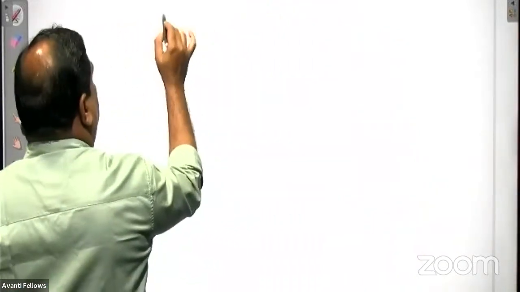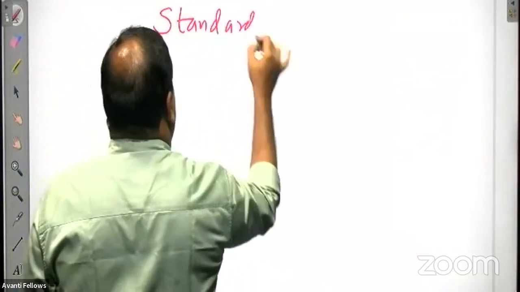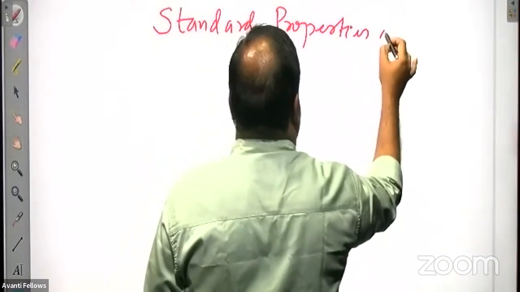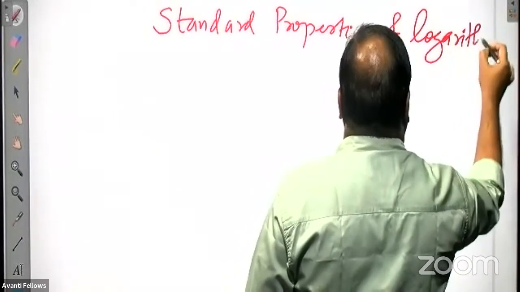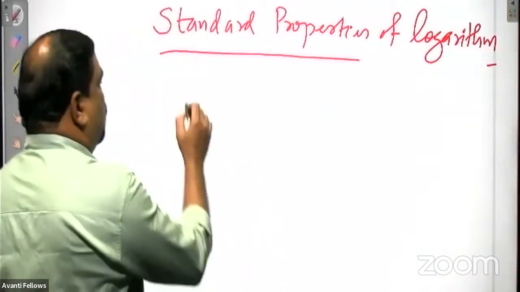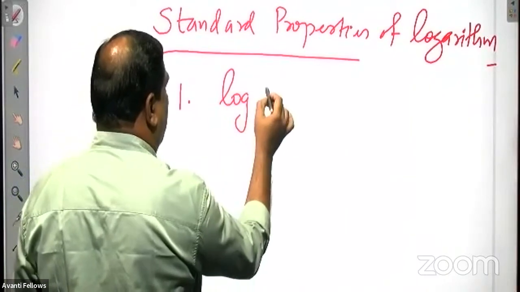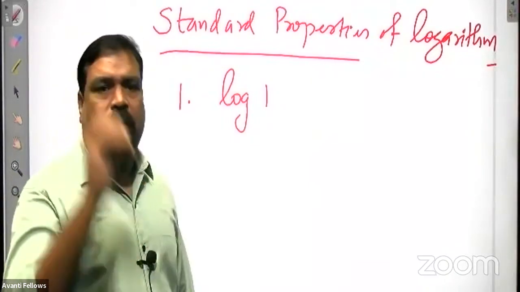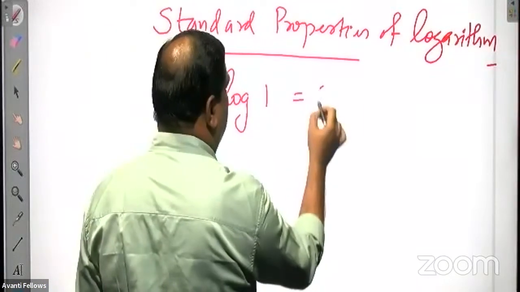Now there are some standard properties of this logarithm, very fundamental. What about log 1? Log 1 for any base is always equal to 0.